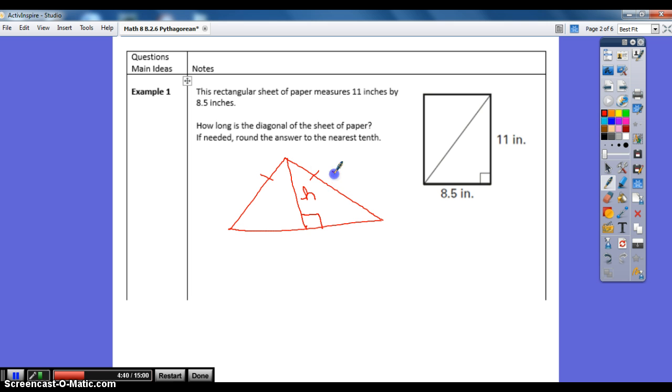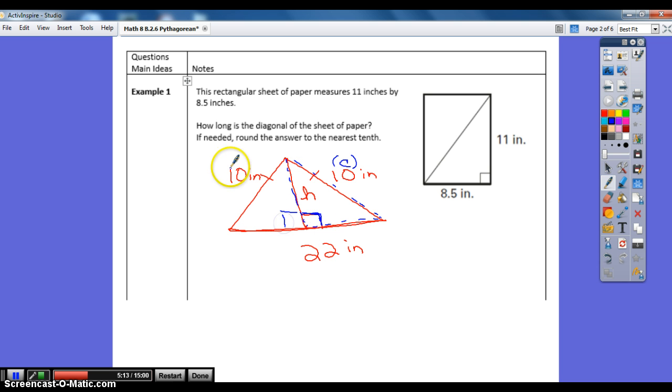And each of these are 10 inches. And then we know that the whole base here is 22 inches. First of all, what would be the C? The C, which one is opposite of the right angle? I think it's 10. It is 10. This would be my C for this triangle.